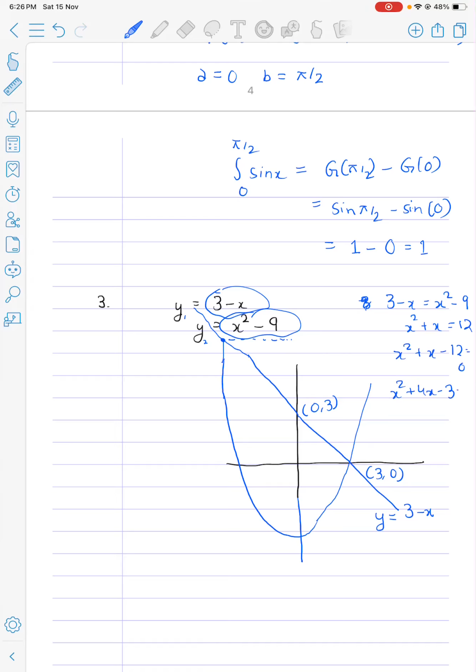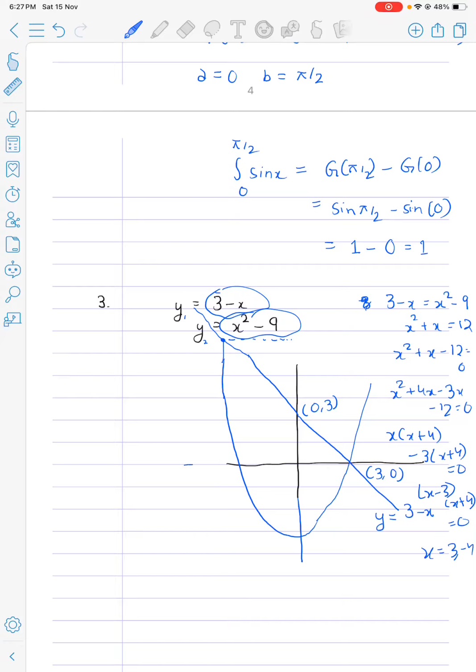This will be x square plus 4x minus 3x minus 12 is equal to 0, so x minus 3 times x plus 4 is equal to 0. Okay, x is equal to 3 and minus 4.